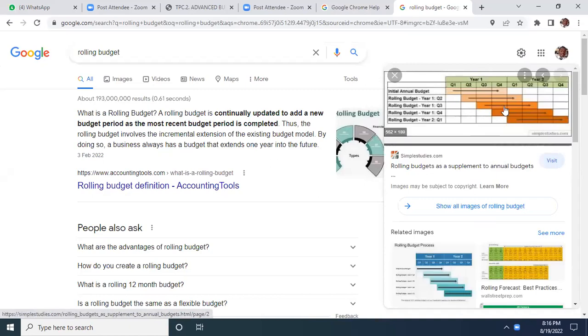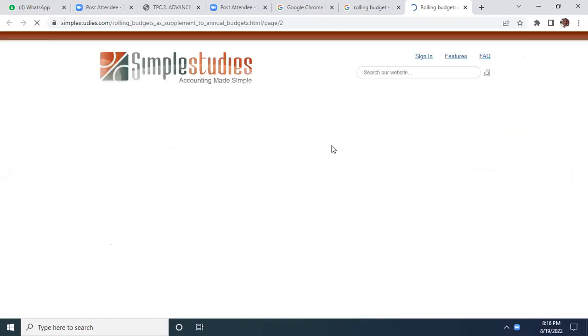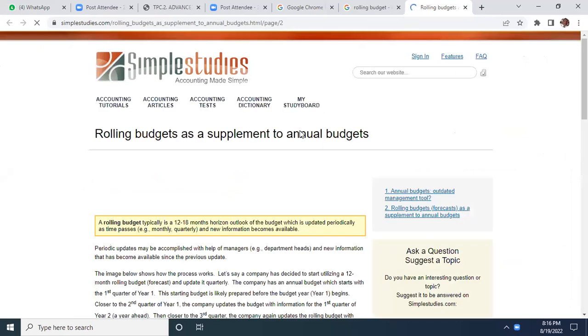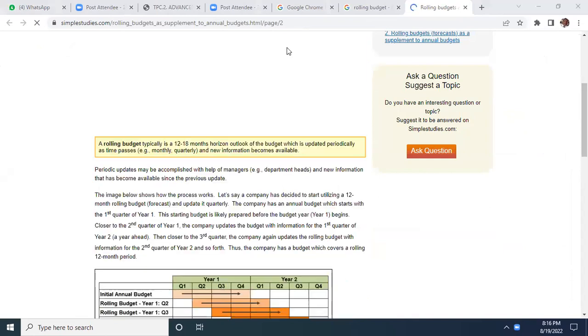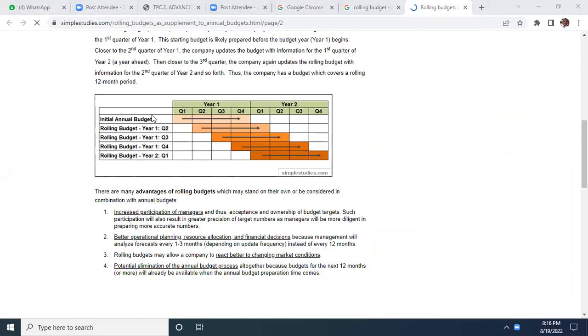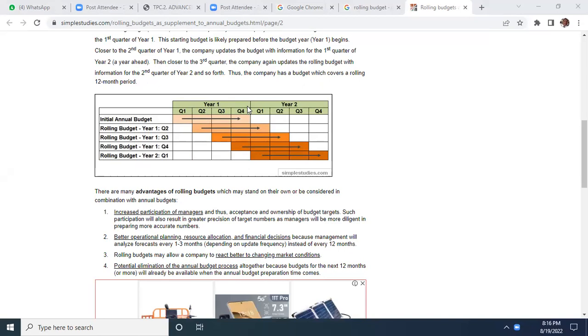If you see this image, they tell you that you have year one, quarter 1, quarter 2, quarter 3, quarter 4. So there are supposed to be 4 quarters at all times.